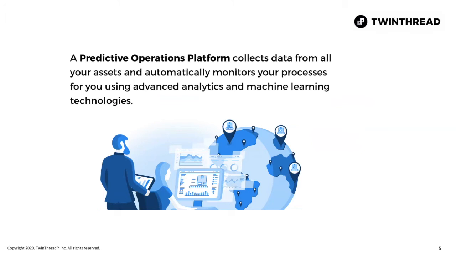To be able to automatically monitor those processes, automatically look for opportunities for improvements using advanced analytics and machine learning, and then get the right engineer involved at the right time to either solve a problem or capitalize on an opportunity. And this is really what this predictive operations platform is all about.